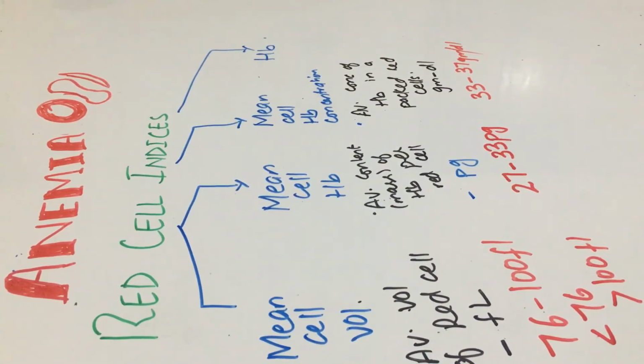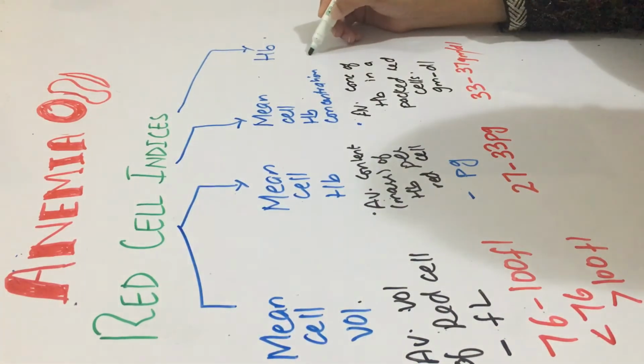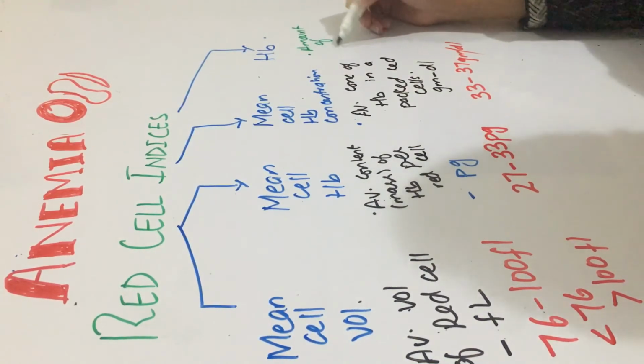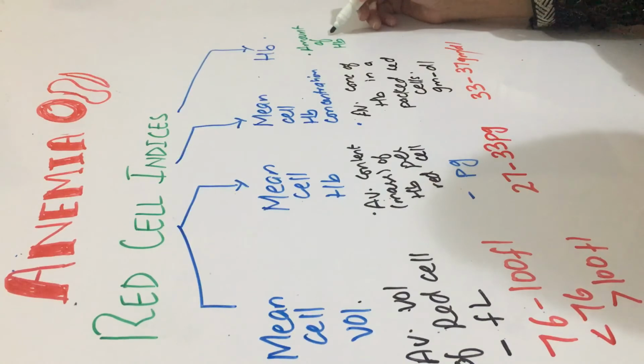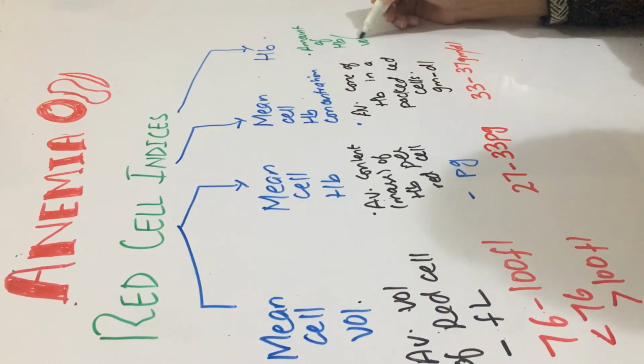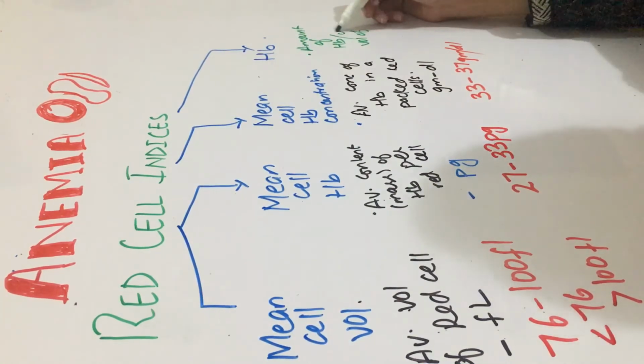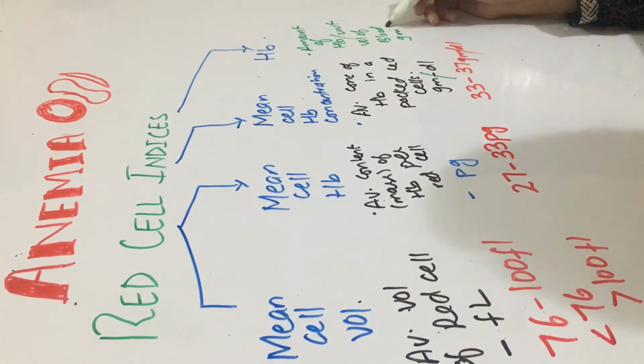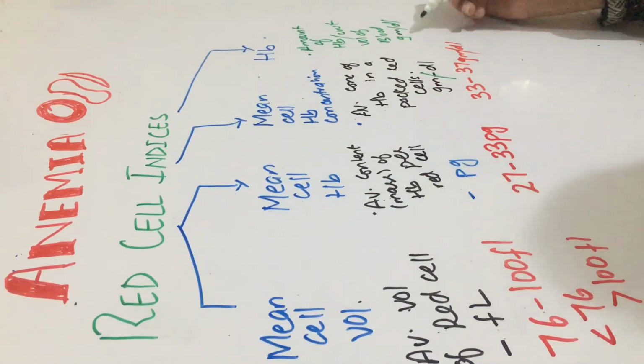Whereas hemoglobin is what is generally given in our CBC report. We mainly focus upon hemoglobin, and this is the amount of hemoglobin per unit volume of the blood, and it is also given in gram per deciliter.